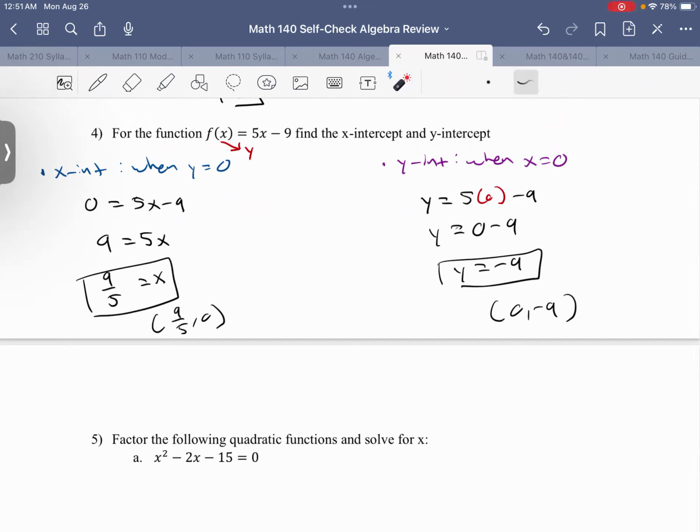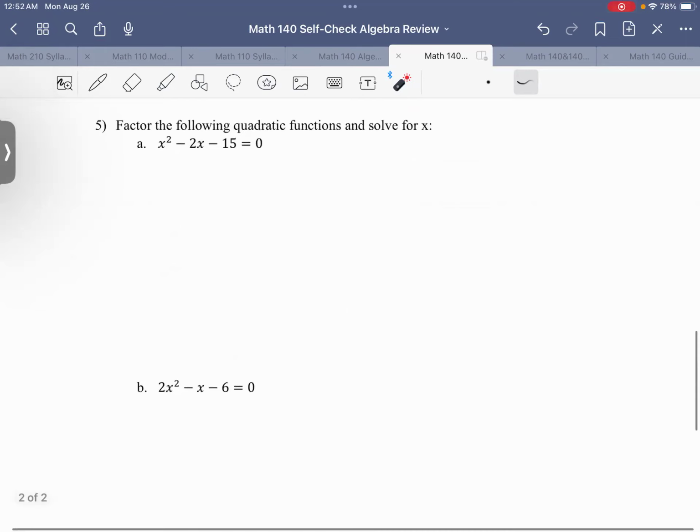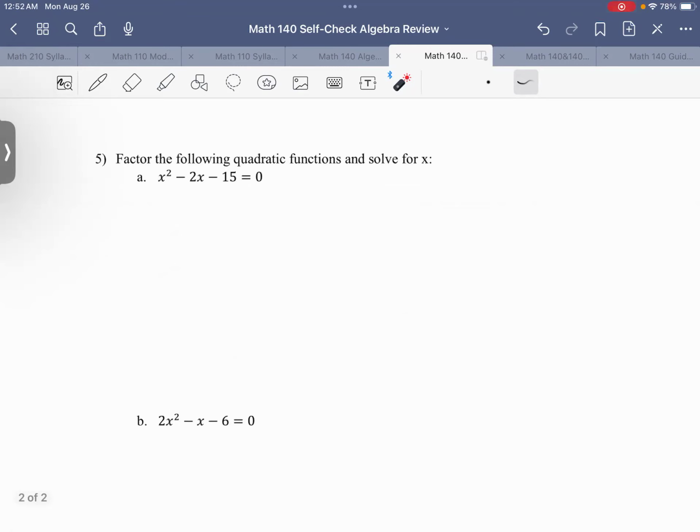Okay, so let's get into factoring again. Factor the following quadratic functions to solve for x. I want to factor x squared minus 2x minus 15. Remember, the way I go about it is I want to find two numbers that multiply to -15 and add up to -2.